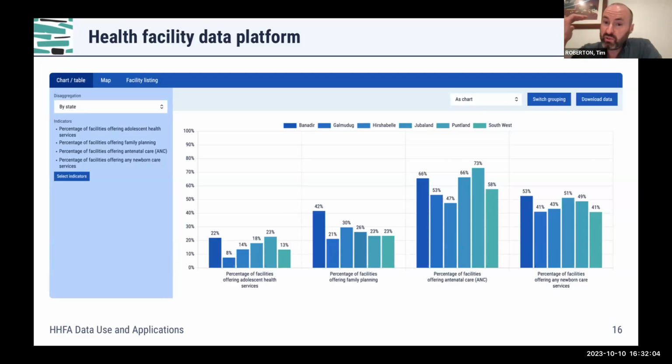Because again, as we will talk about in the next seminar, there are thousands of variables that one can get from the HHFA data set, and over 2,000 default indicators that the analysis platform will create for you. Plus on top of that, countries might want custom indicators.